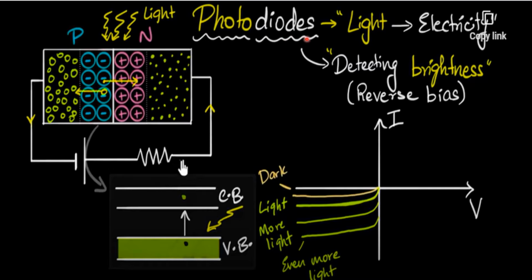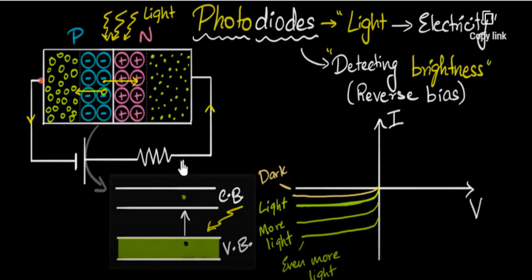So, photodiodes are extensively used in detecting brightness of the light, and photodiodes operate in the reverse bias. Please note, they operate in the reverse bias.